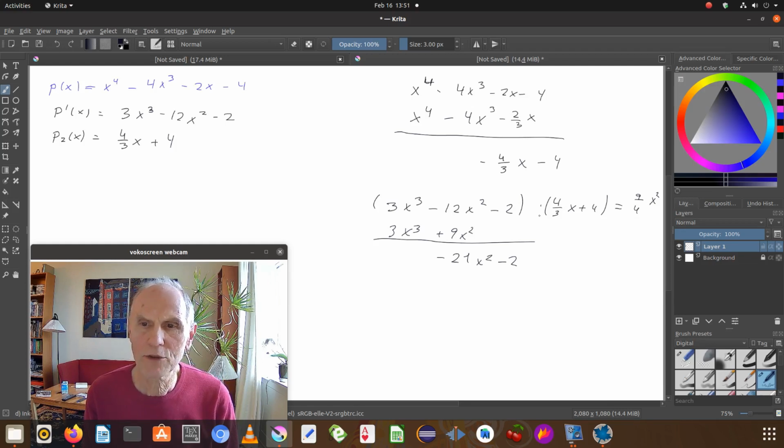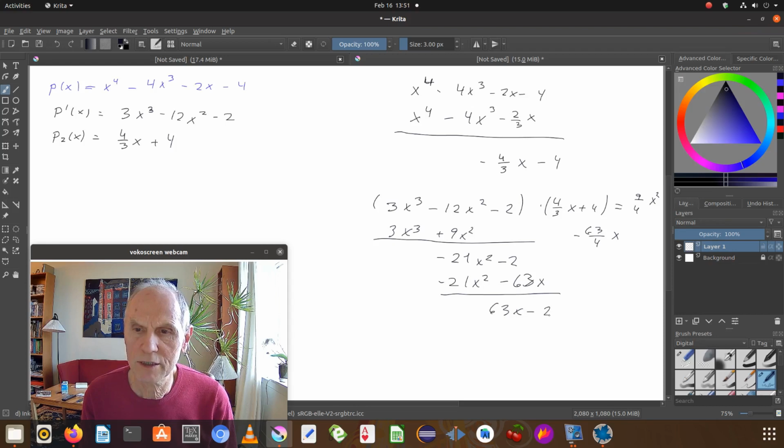So minus 21 divided by 4/3, that's minus 63/4 x. So that gives minus 21 x squared minus 63x minus 2. And 63x divided by 4/3 plus 186/4.